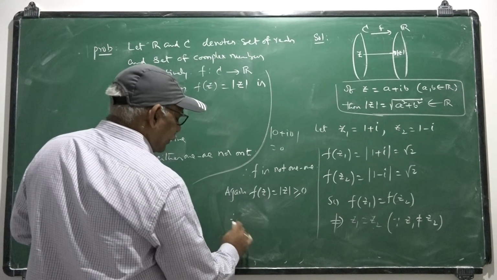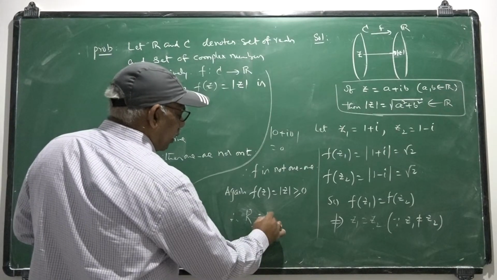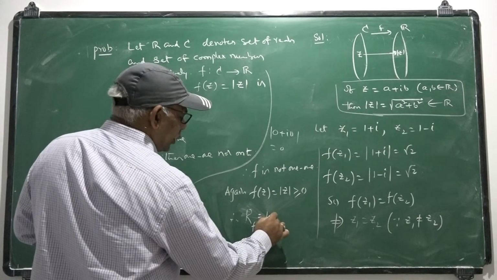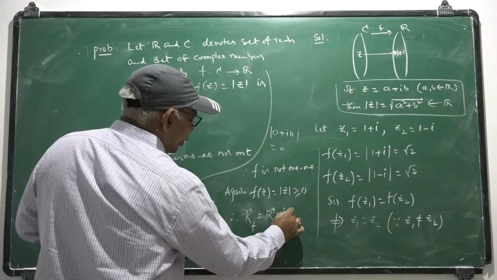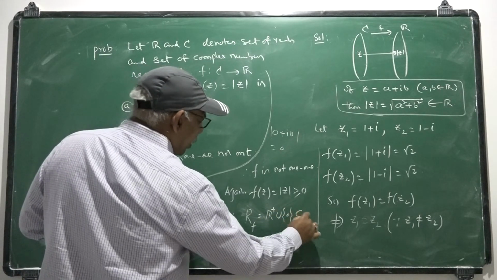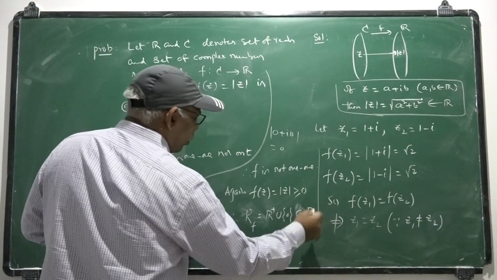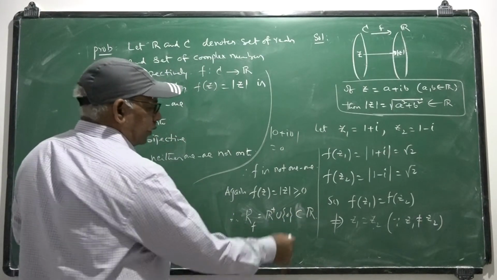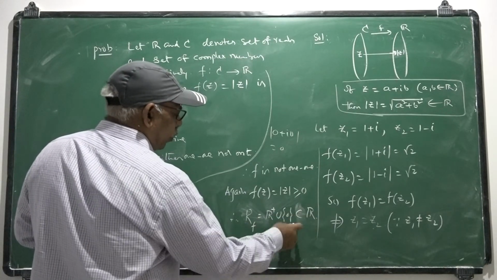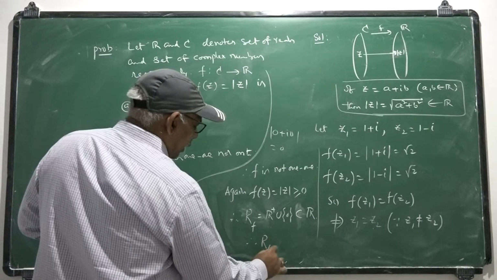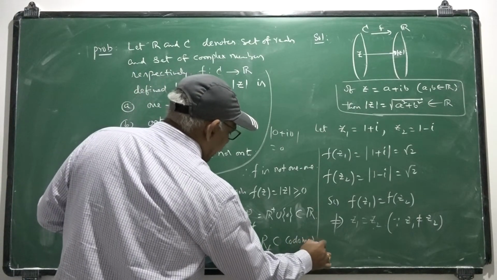Therefore, the range of f is R plus including 0, that is R plus union 0, which is clearly a subset of the codomain. The range of f is a subset of the codomain, it is not equal to the codomain.